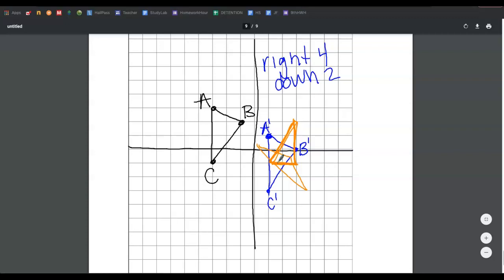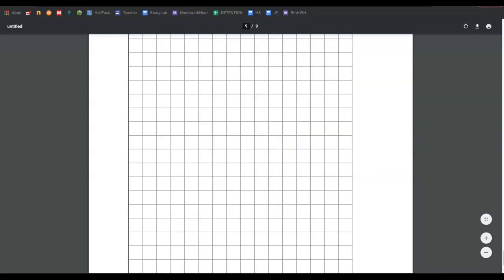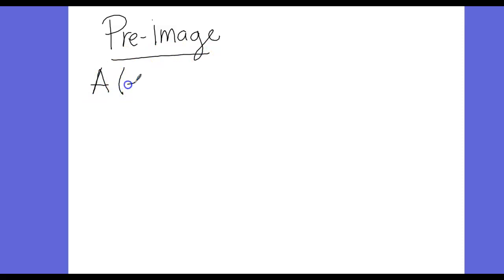Okay, flip your card over. And on the back side, we're just going to write down our pre-image. Sorry, this can be with your pencil. Pre-image. Our coordinate points were A was -3, 3, and you can write this kind of big because it's the only thing that's going on the back part. So it's not like you need to write really, really tiny.